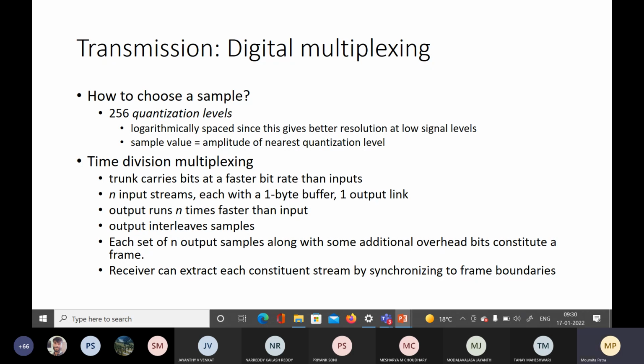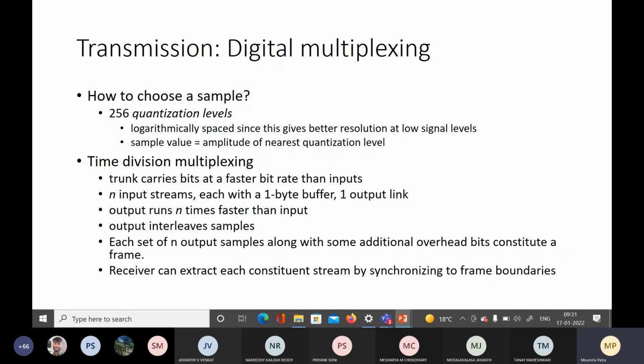Now we send the data as a frame. Please understand this frame is a bit different from the frame that you have learned in your computer networks course. What we are calling a frame here is this: from this output link we are getting a stream of data from n inputs.